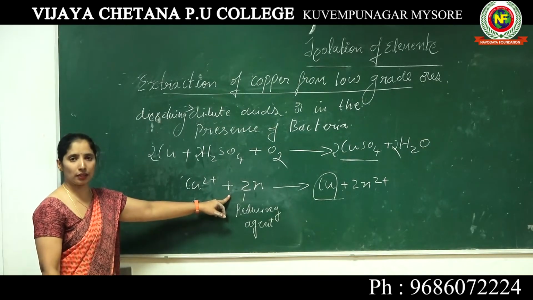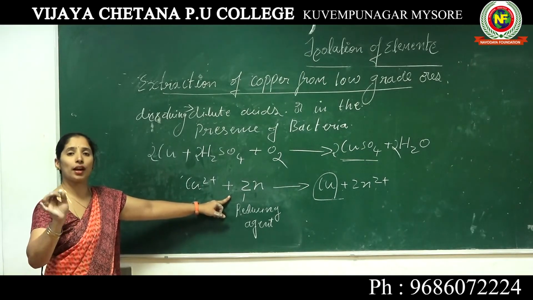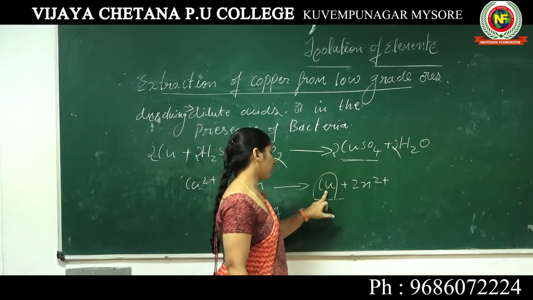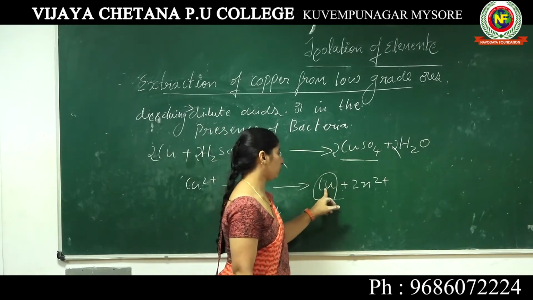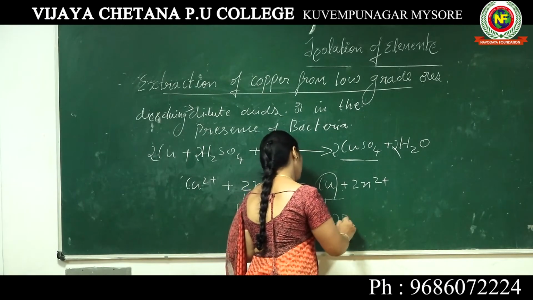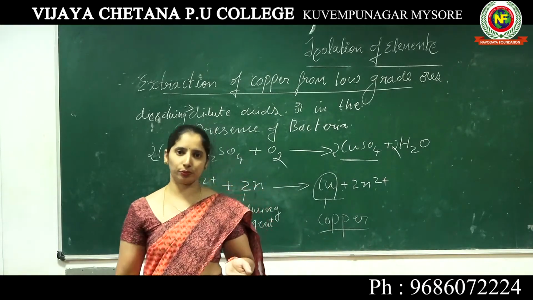Why only zinc? Zinc has the lowest reduction potential, hence it reduces fast. So it will get reduced to Cu and Zn2+, and we will get the copper. So this is one of the methods for the extraction of copper from low grade ores.